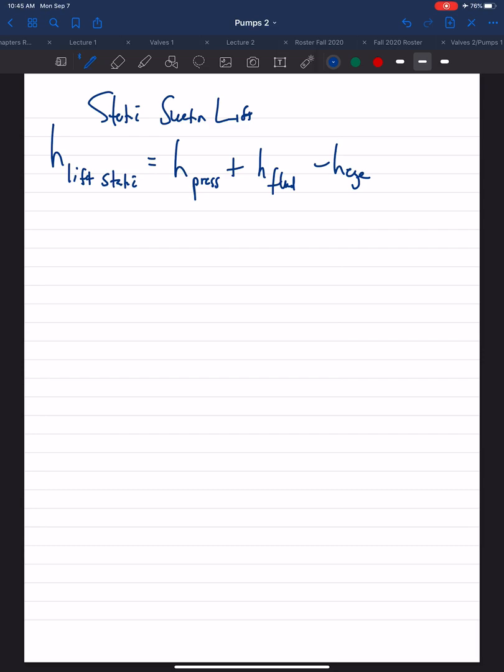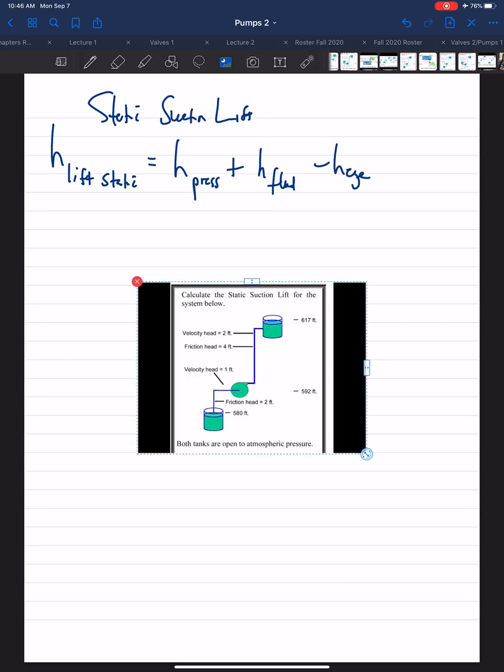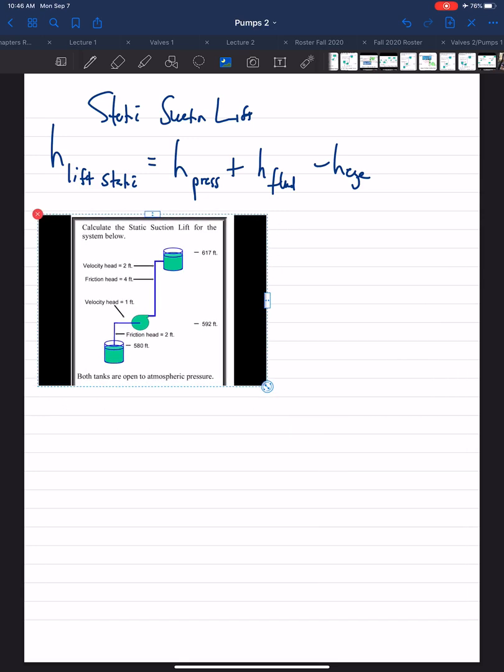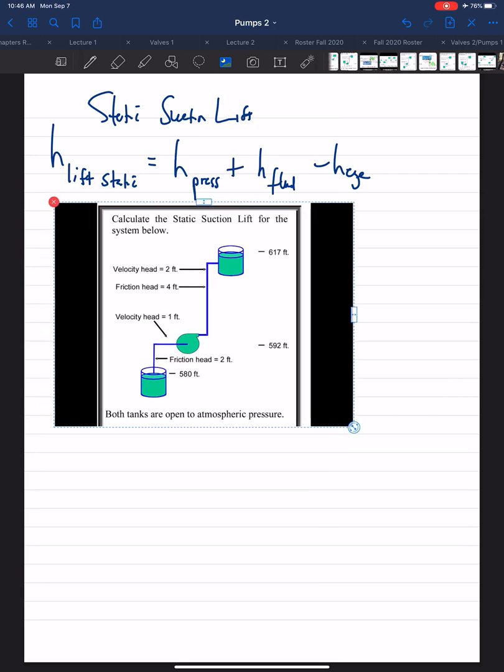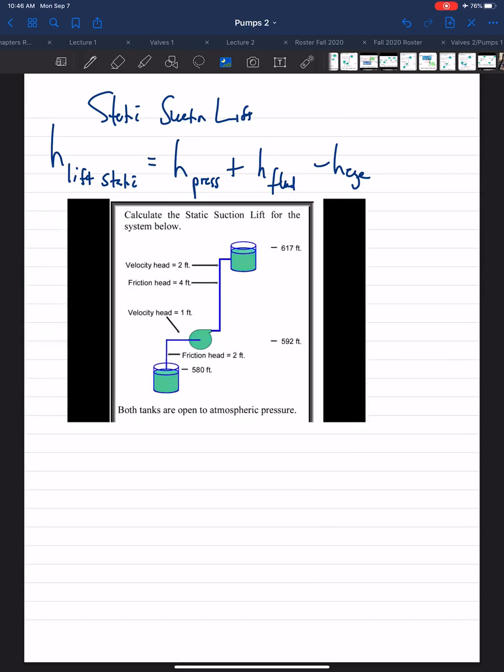Let's do an example. Here the problem wants us to calculate the static suction lift for the system below. And it says both tanks are open to atmospheric pressure, which we said is 1 atmosphere, right?